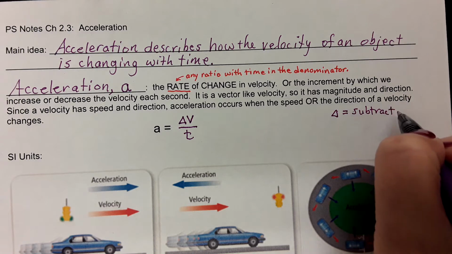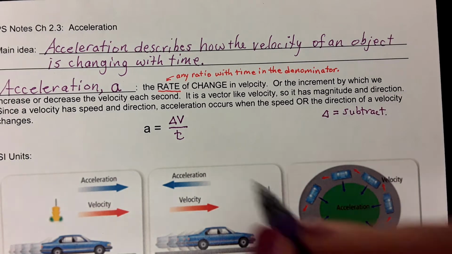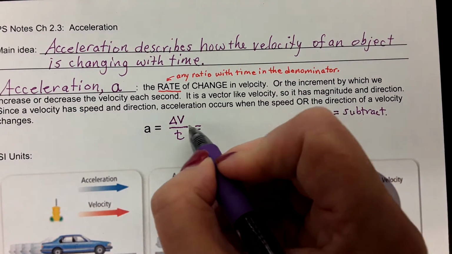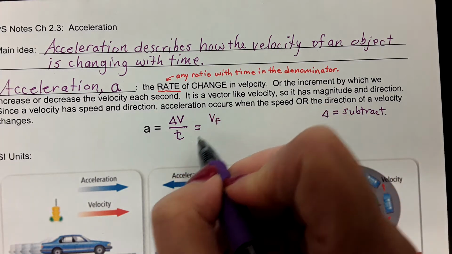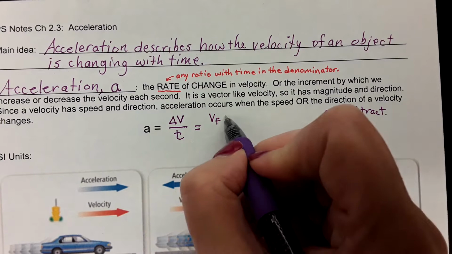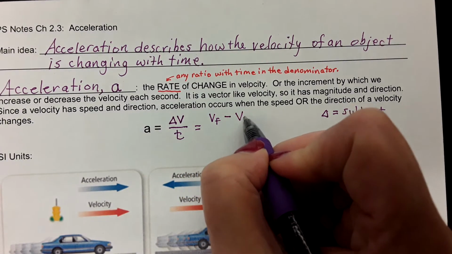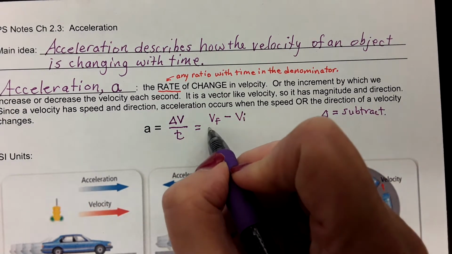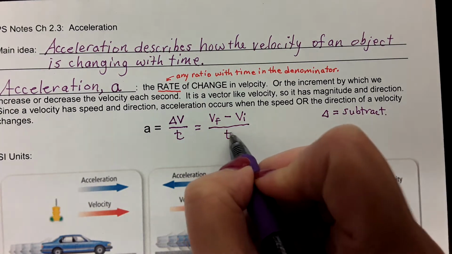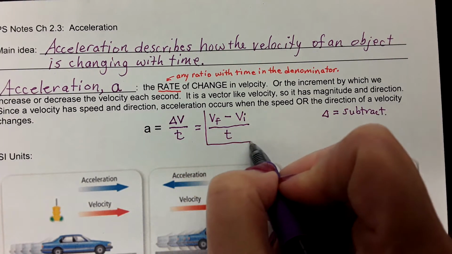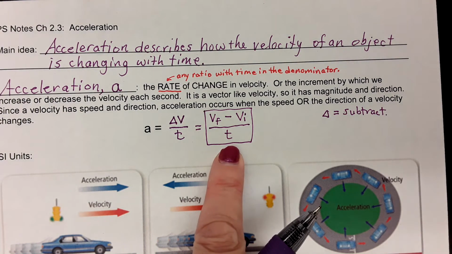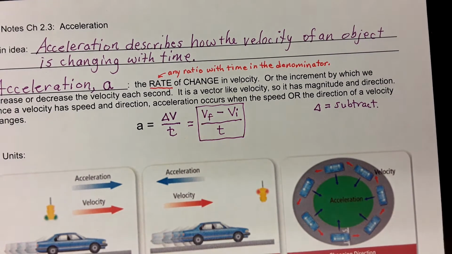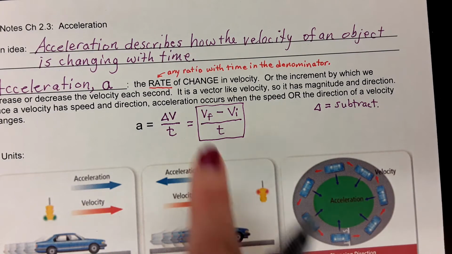It's like mathematical shorthand, okay? So when we subtract, we're going to say the final velocity at the end of the time period minus the initial velocity at the beginning of the time period, divided by that time period. So this is how we're going to find accelerations. This is a rate, the rate of change in velocity from one value to another.